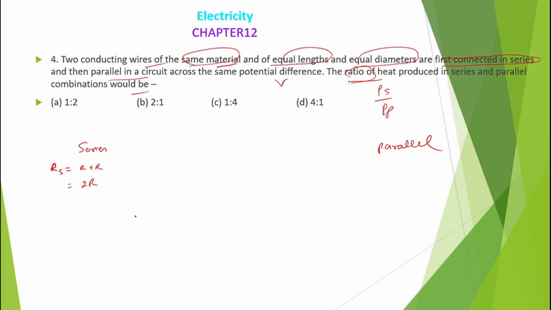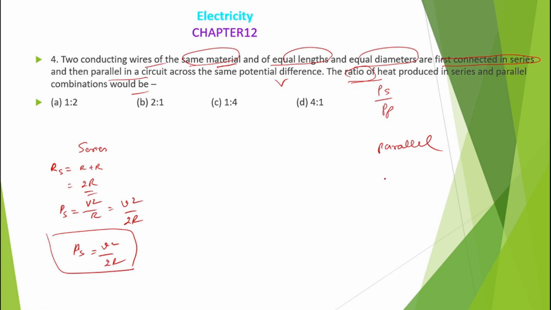Okay. So what we have to calculate? Power in series. Power in series is equal to V square by R, where R we got 2R, so V square by 2R. So PS is equal to V square by 2R. Okay, this is clear.